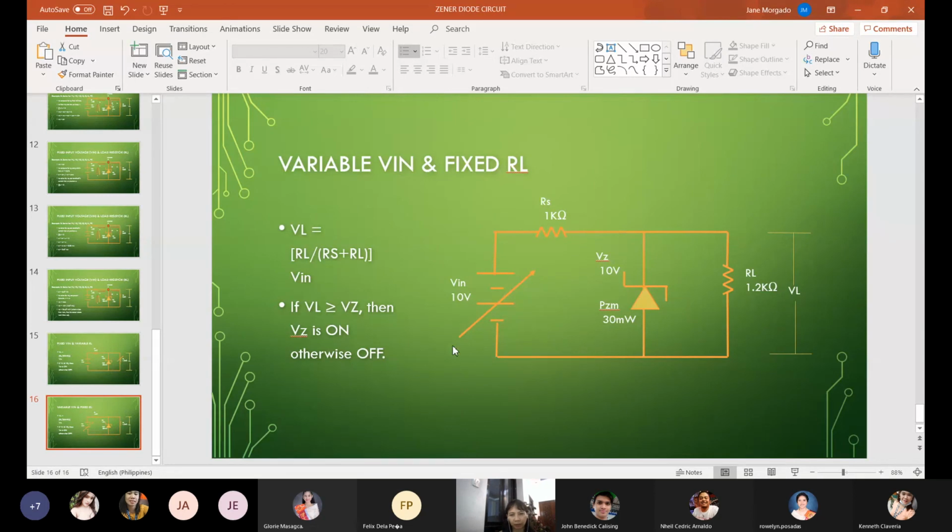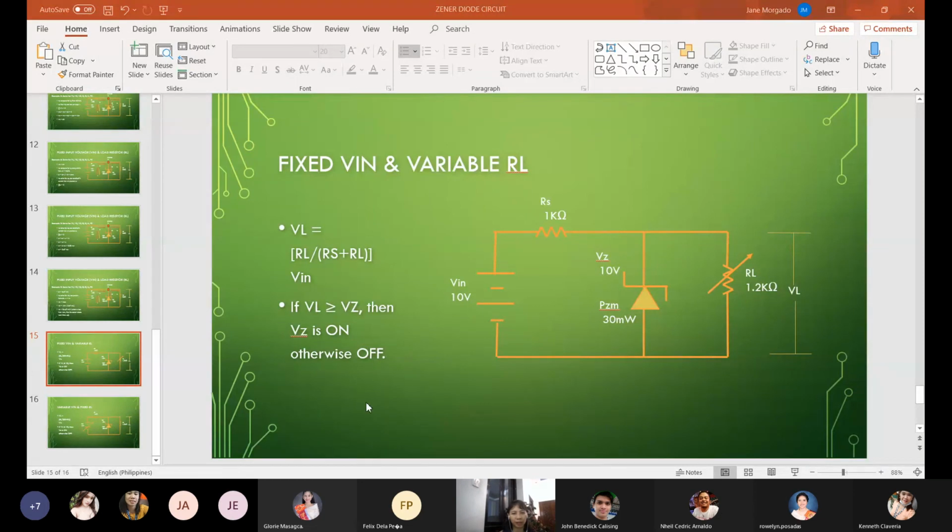Kasi, fix lang yung battery nyo, di ba? So, ang lalagay na natin supply dito is 9 volts. So, alamin nyo ano yung value ng potentiometer na pwede for RL, RL minimum resistance and maximum resistance. So, gagamit kayo most probably ng potentiometer here, if you want to.